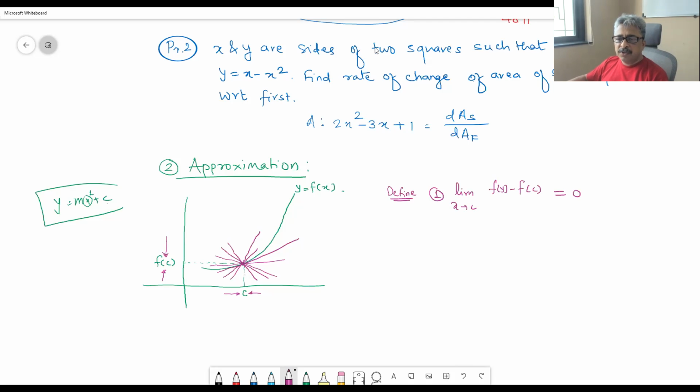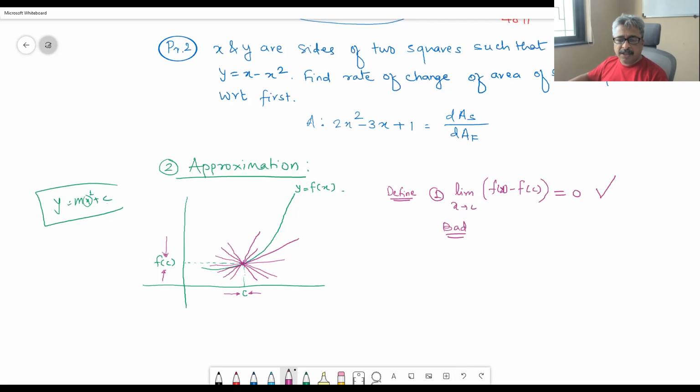This could be our first definition, but you will agree that this is very bad, because all the lines that I have drawn right now passing through C will satisfy this. As you go near C, point on the curve and point on the line will be coincident, almost there will be hardly any gap, and therefore limit as x tends to C f of x minus f of C will always be 0. So maybe this is a bad definition, bad.